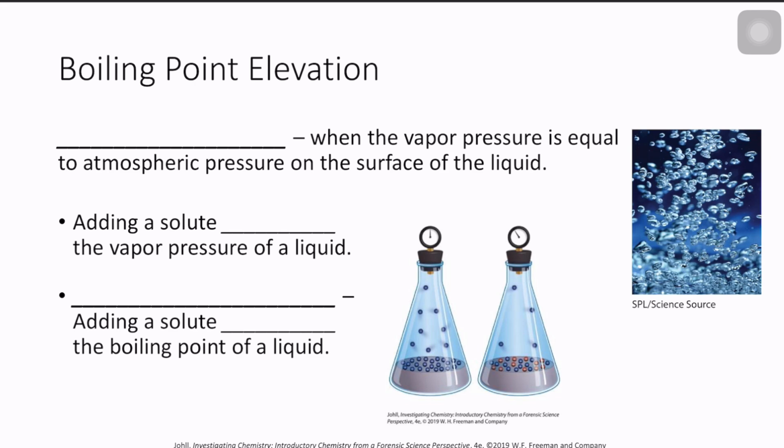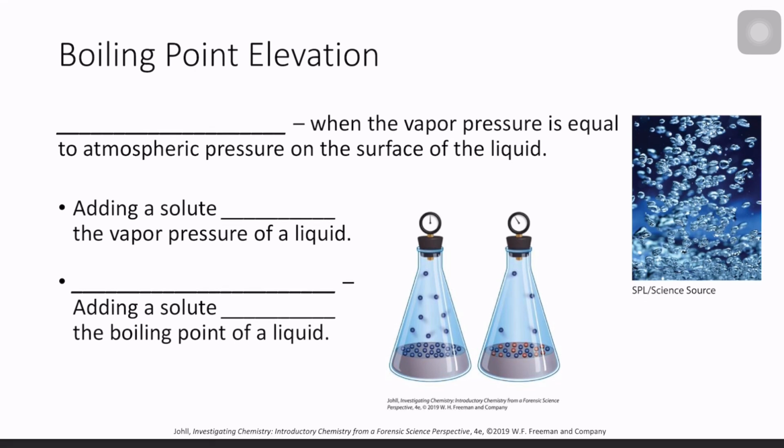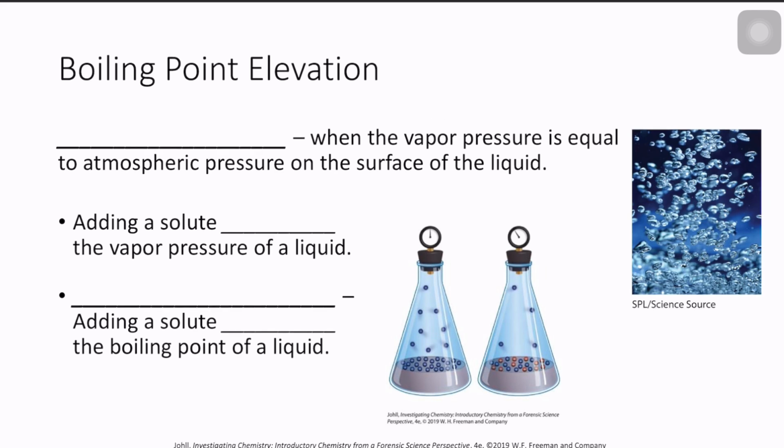The normal boiling point happens when the vapor pressure is equal to the atmospheric pressure at the surface of the liquid. And the boiling point is going to be different for every different type of molecule.